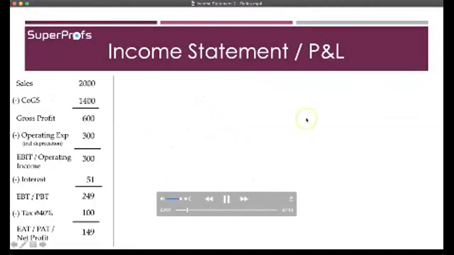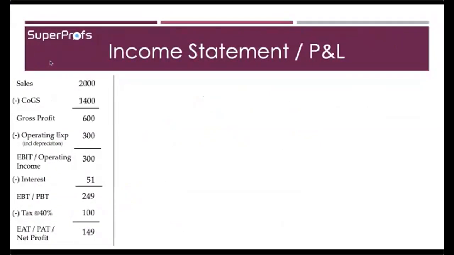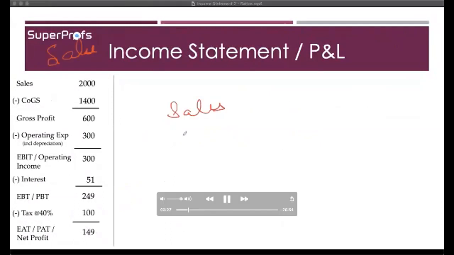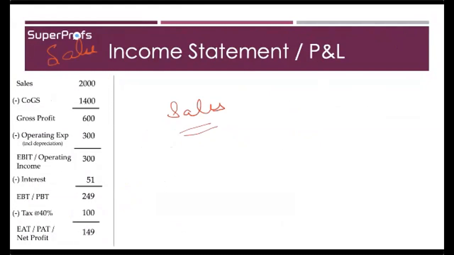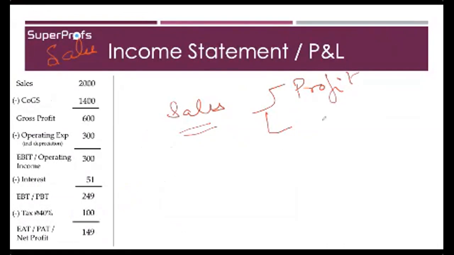We know how we have come to this net profit. Now we'll talk about some of the ratios. Whenever you're talking about income, there are two aspects: one is your sales, and in terms of sales, either there would be some kind of profit, or there will be some cost.